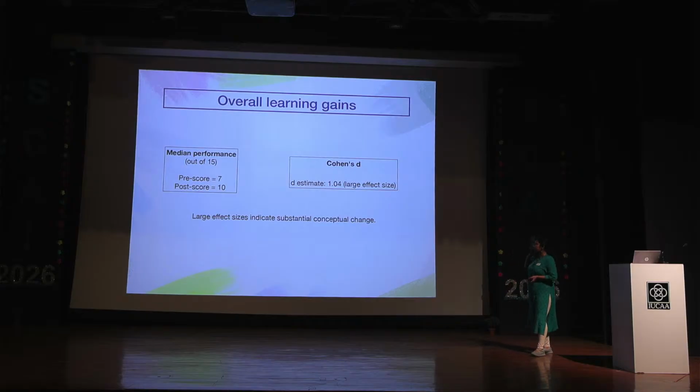This means that there is a substantial conceptual change that happened, even if the program was short, only over 2 days, but it was quite interactive and hands-on, but importantly that we addressed their misconceptions, their beliefs directly.